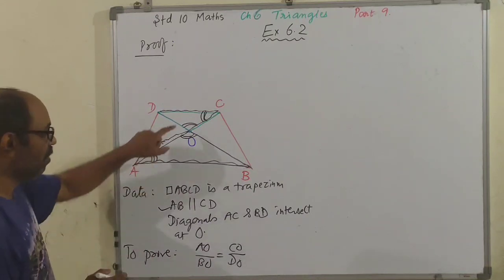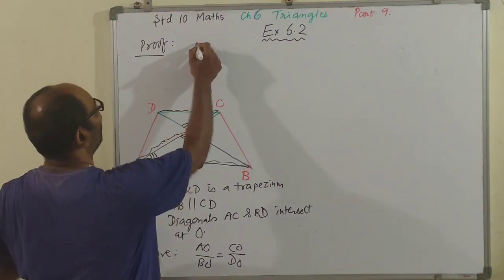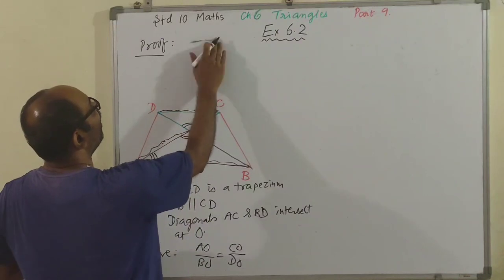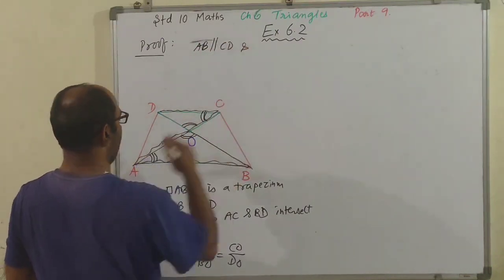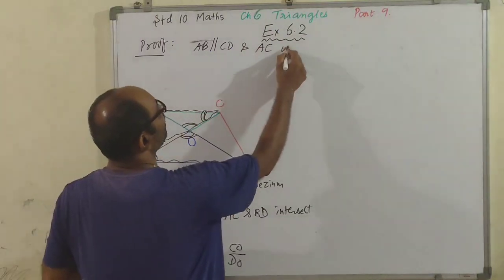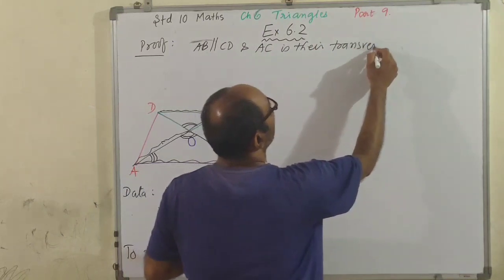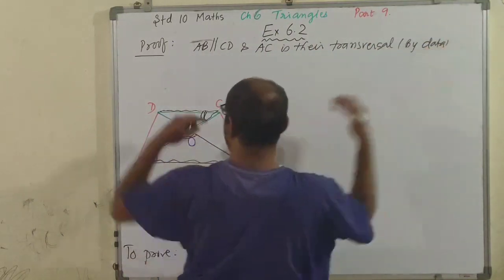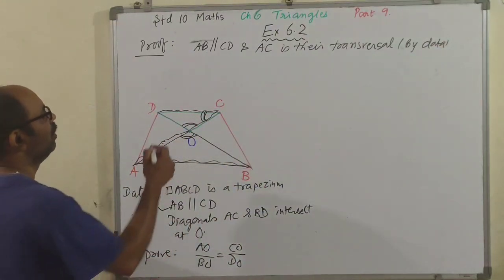Got it? Let me first explain this. AB is parallel to CD and AC is their transversal. By data, it is in the data. Correct. This is parallel and AC is in the data, a diagonal.